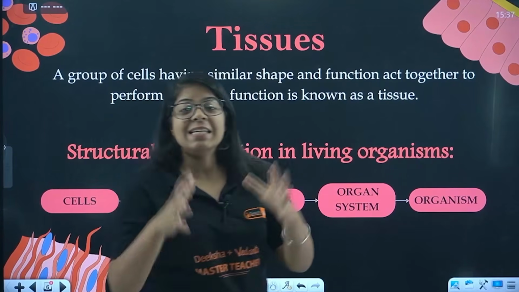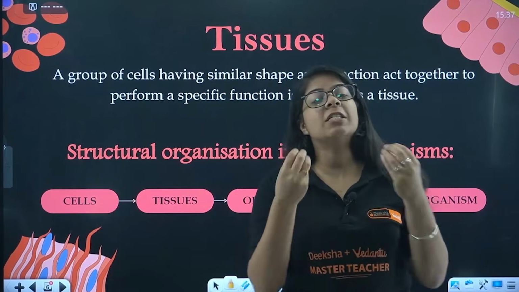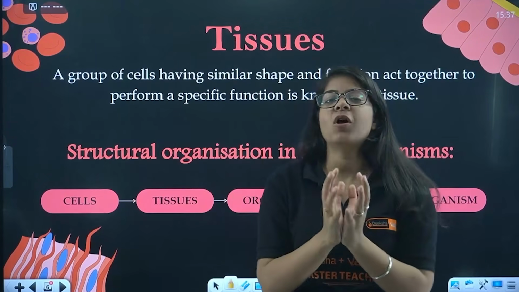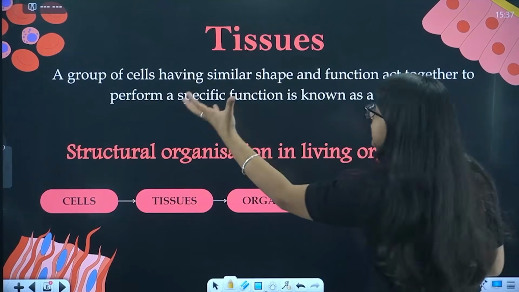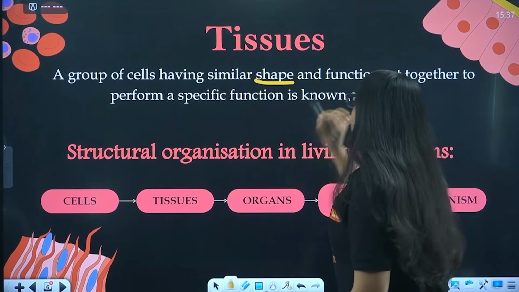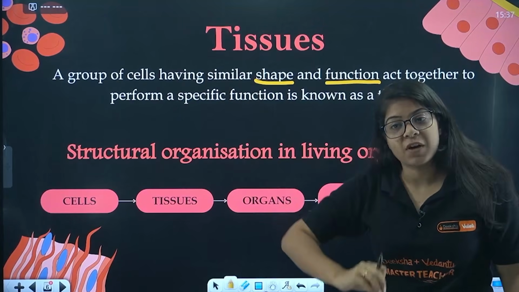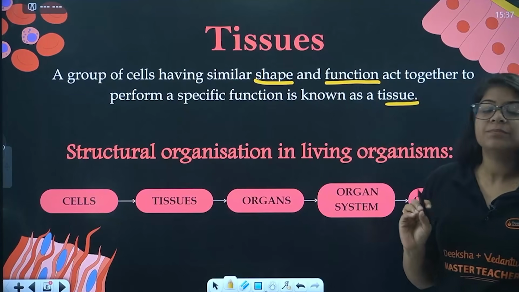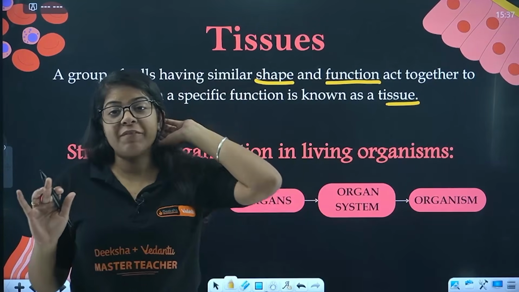When all of these come together and act together to perform a specific function, the bunch of all those cells is called a tissue. A group of cells having similar shape and function that act together to perform a specific function is known as a tissue. Done?